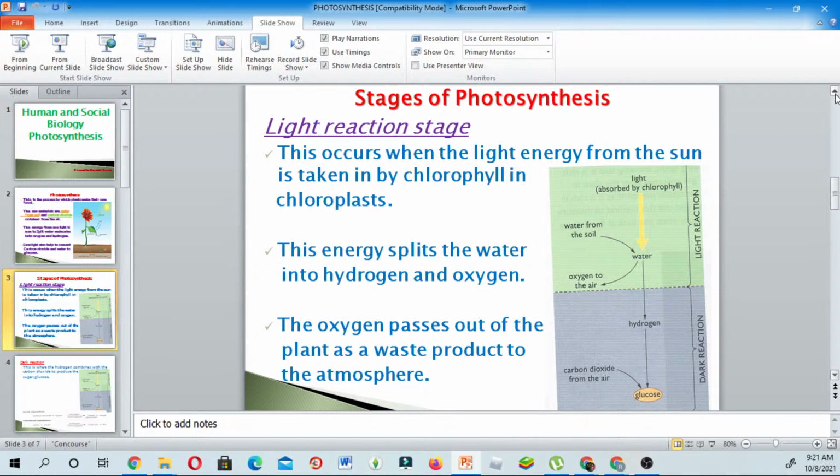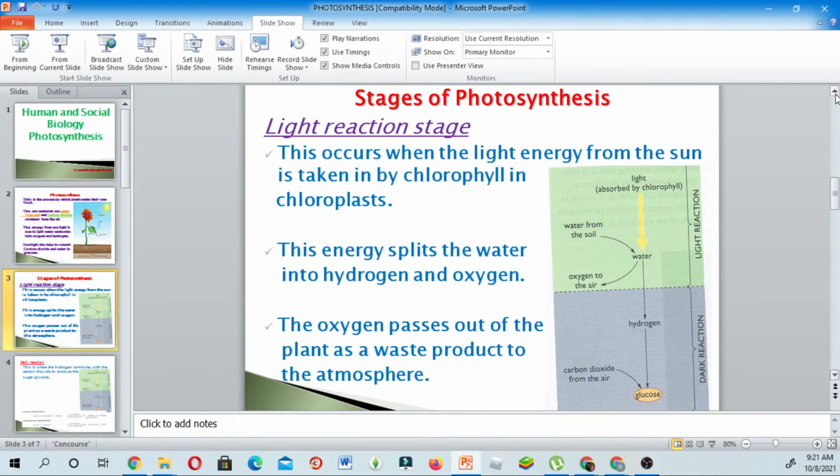So the pointer is saying that this occurs when the light energy from the sun is taken in by chlorophyll in the chloroplast. So there is a part of the plant cell, which of course would be in the leaves of the plant, and that section of the plant cell is known as the chloroplast, which contains a part that is known as chlorophyll.